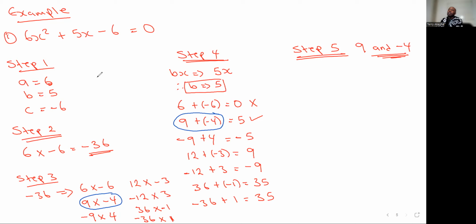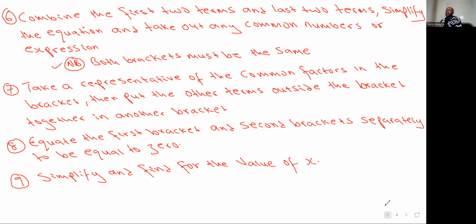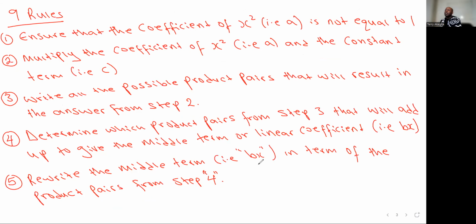So we're going to rewrite the question in light of that. The question we had was 6x squared plus 5x minus 6. So we're going to rewrite the middle term, that is the bx, in terms of the product pairs.